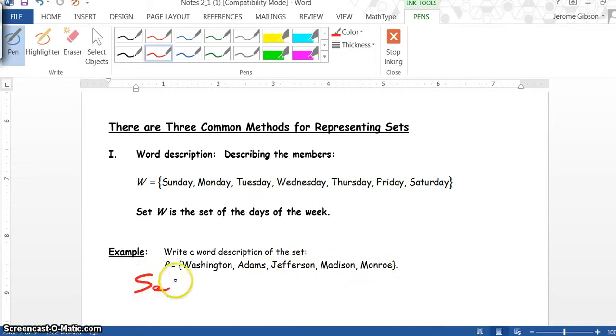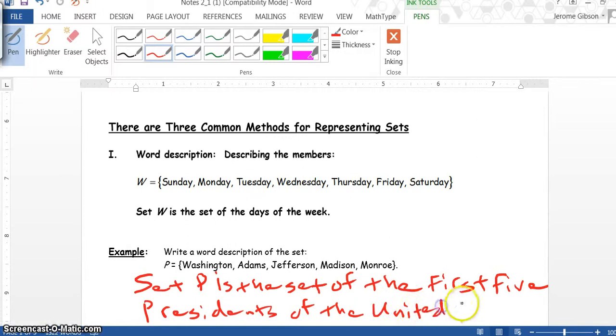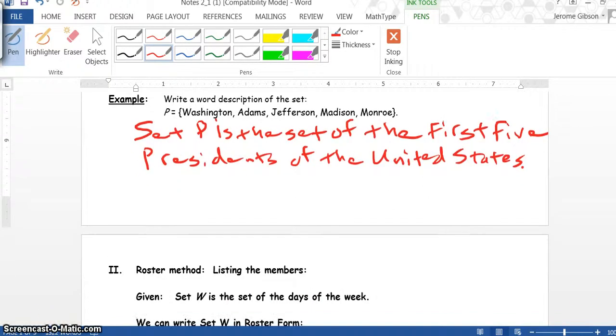So we know this is set P, the set of the first 5 presidents of the United States. And that is the final answer.